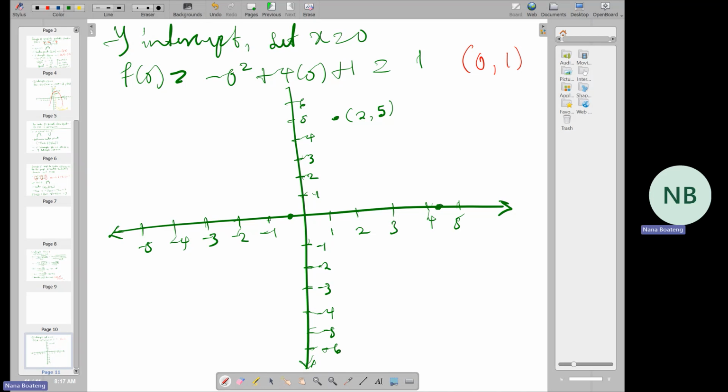And the y-intercept point is 0 and 1, so the y-intercept is this point here. All right, so we have this set of points, so we can begin to draw the parabola through them.